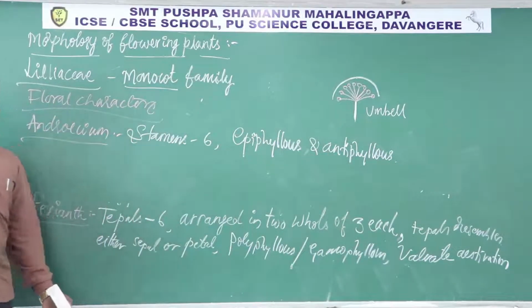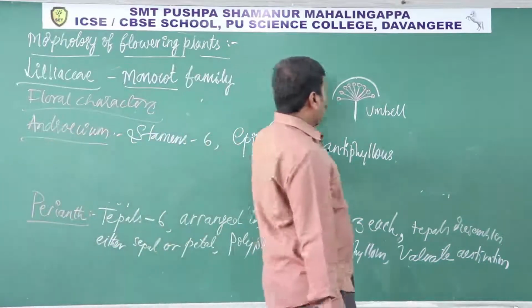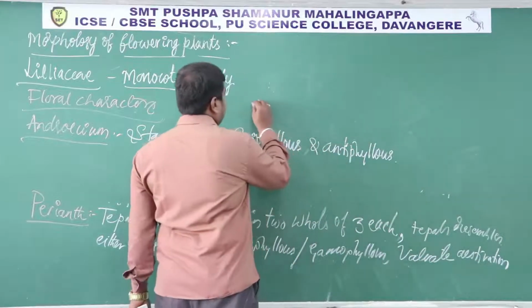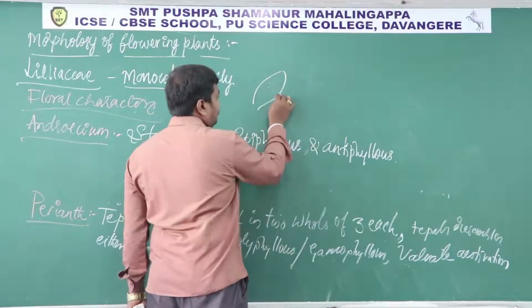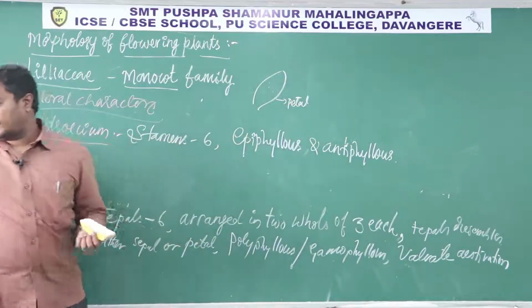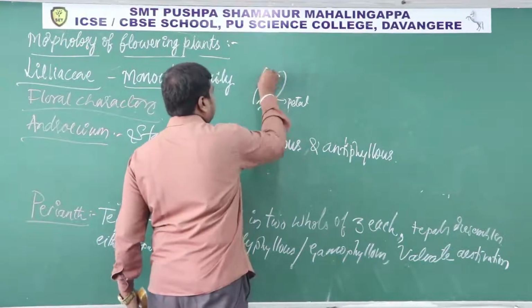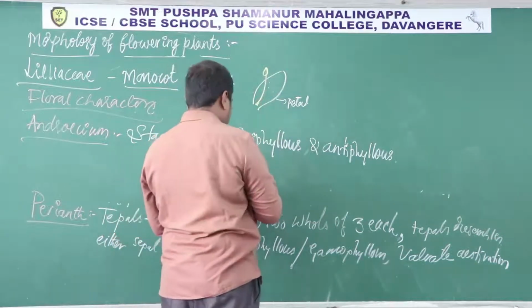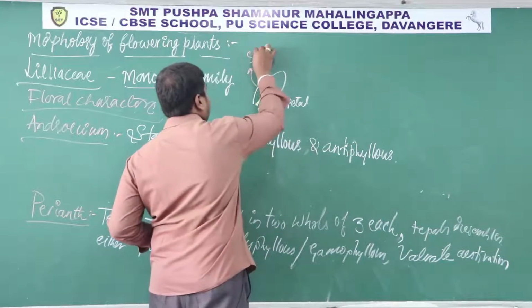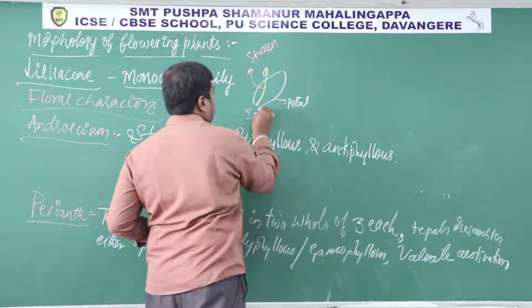So two conditions are there in stamens: 6, epiphyllous and antiphyllous. What is epiphyllous and antiphyllous? Epipetalous means if stamens are attached to a petal, suppose this is a stamen, this is called epipetalous.